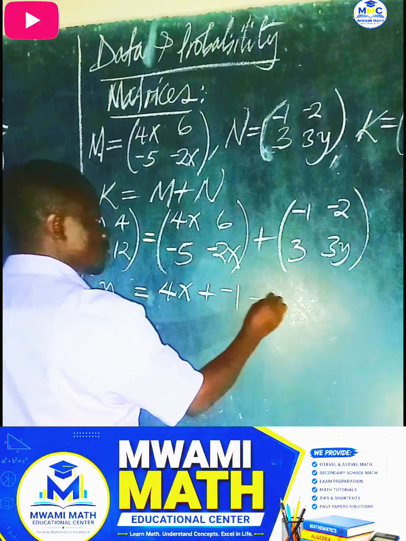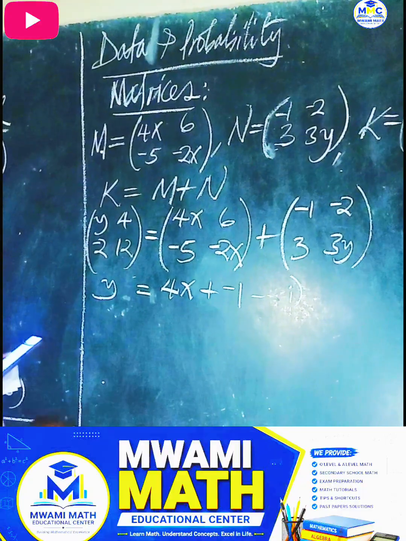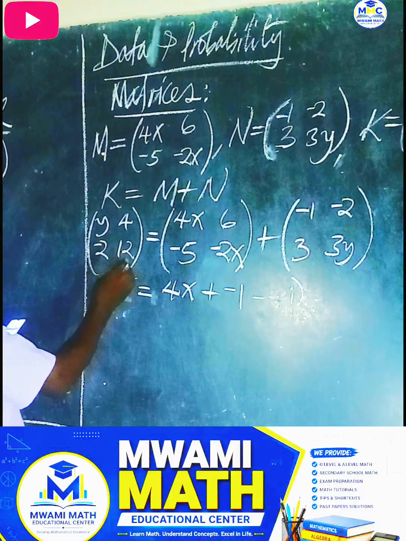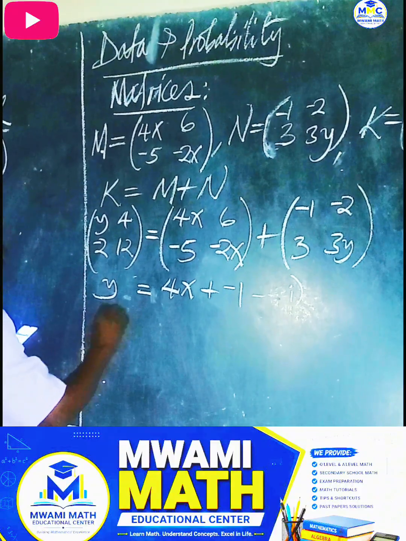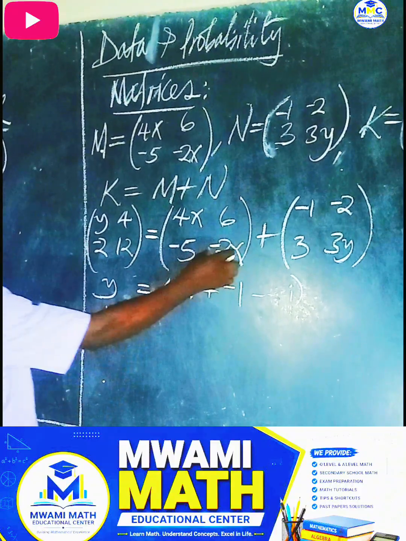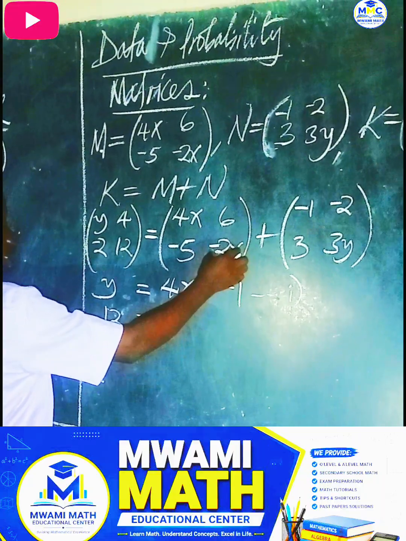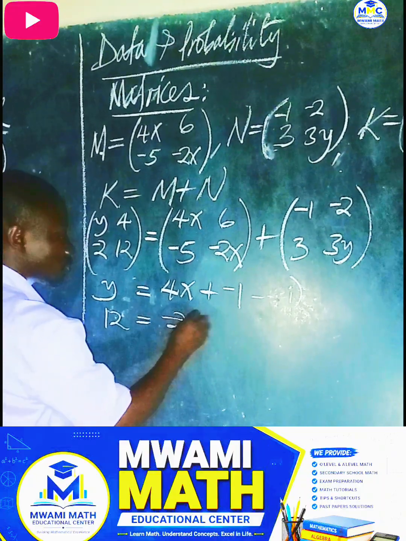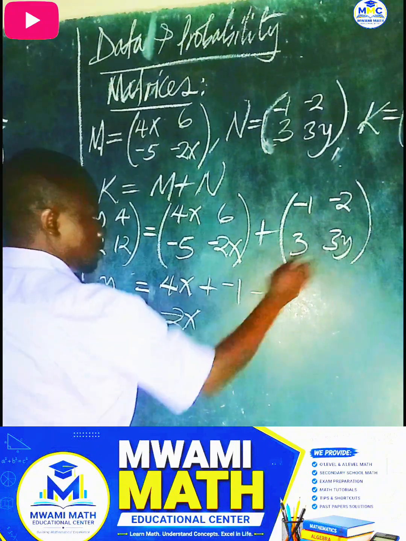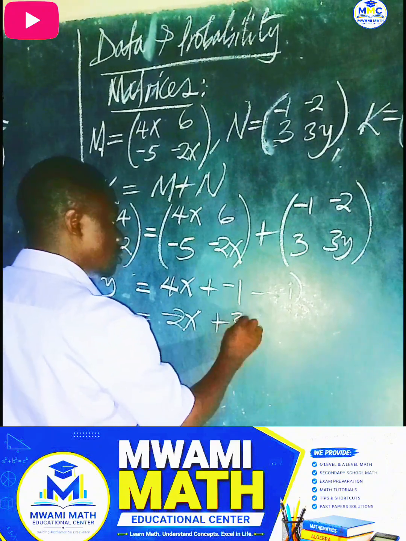We can call this equation 1. Then also 12 is equal to the element in that position, -2x plus 3y.